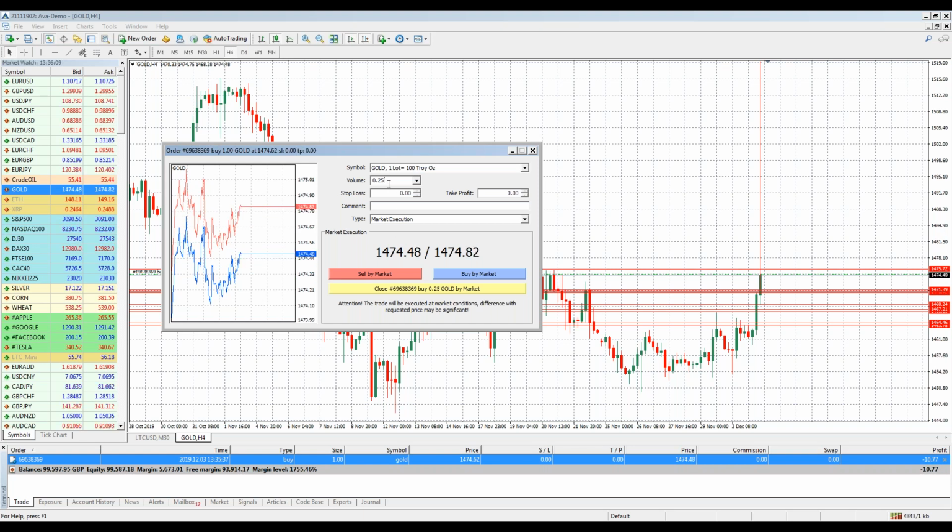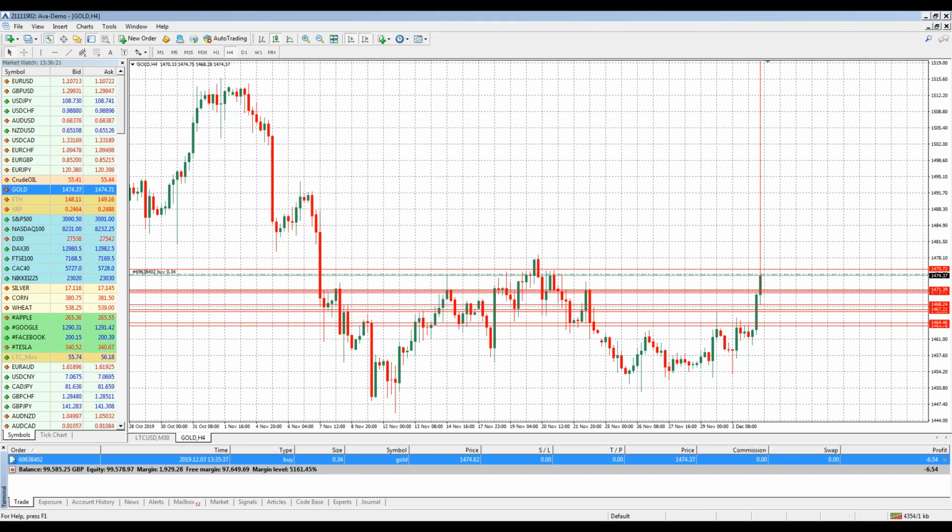So I might say, okay, let me close 2/3 of it, 0.66. Now watch, my open position will change from one lot to 0.34. It closed the amount I told it to close. So if I was in profits, I just preserved much more profit than what I have at risk if it drops down.